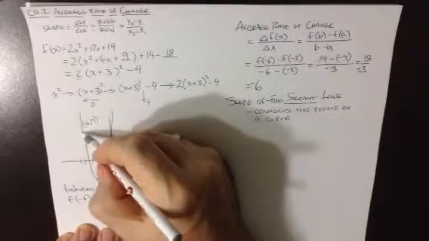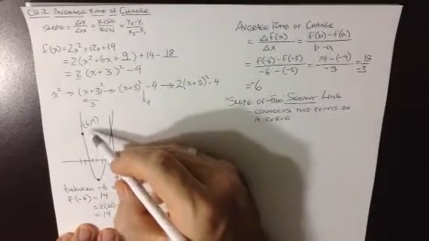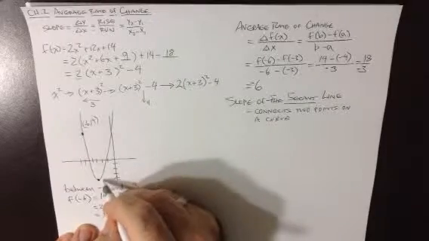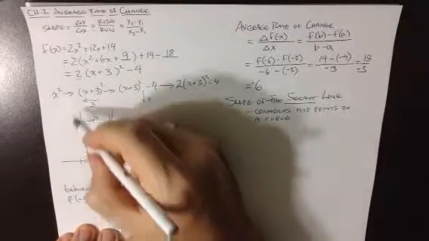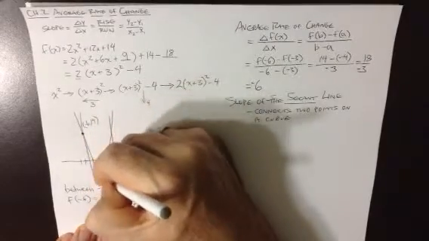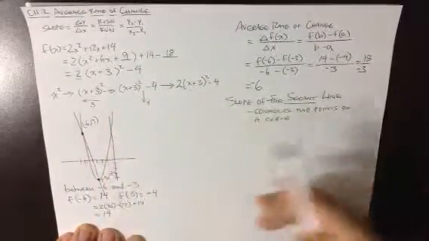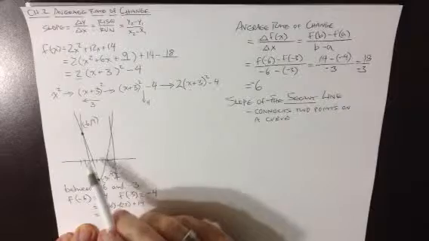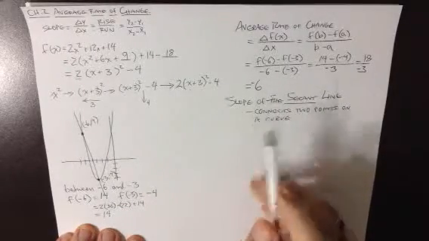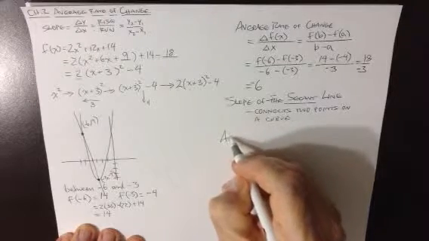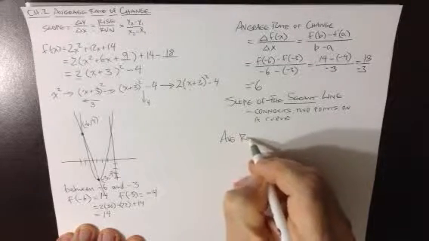So if we go from (-6, 14) down here to (-3, -4), if we connected those 2 points with a straight line, the slope of that straight line would be -6.